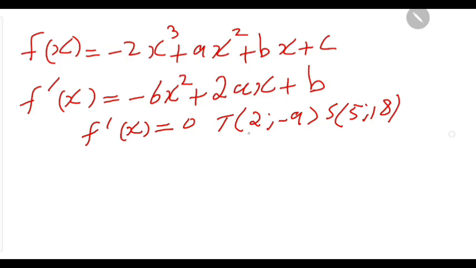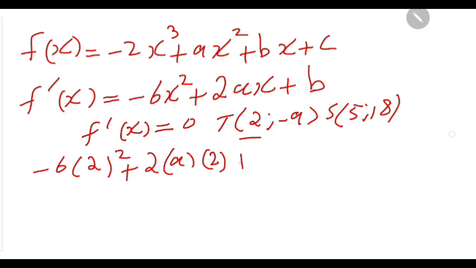So first, x equal to 2 into the first derivative: -6 times 2 squared plus 2a, in place of x is 2, plus b is equal to 0. Must remember, the first derivative at a turning point is equal to 0.